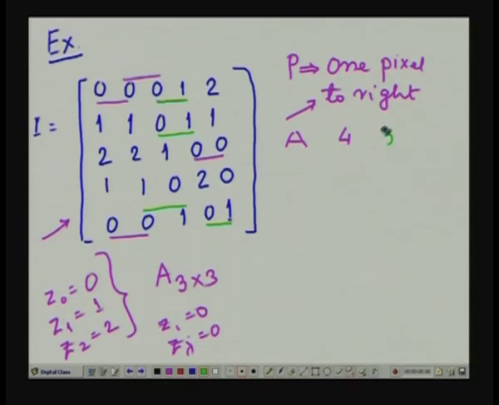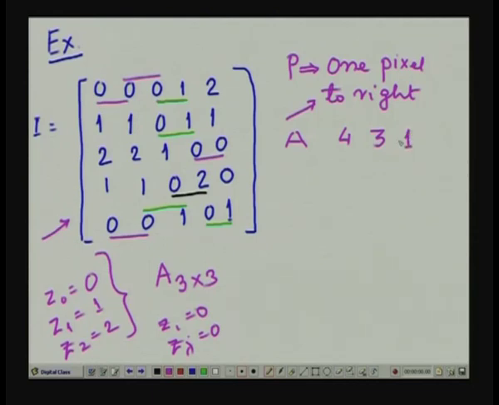So, the 0 1 pair appears thrice within this image, and the A 0 1 element will have a value equal to 3. Similarly, let us see how many times 0 2 appears in this image. This is the only occurrence of 0 2, so A 0 2 will have a value equal to 1.